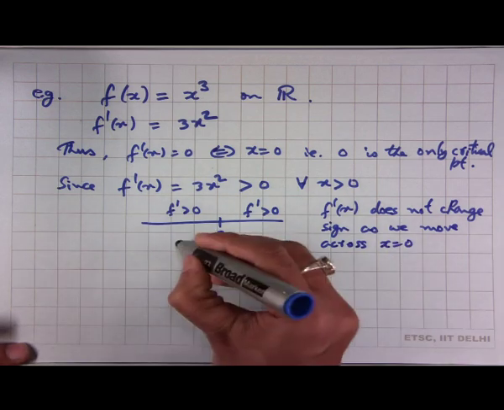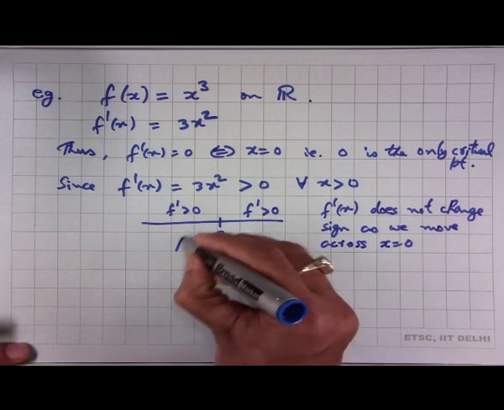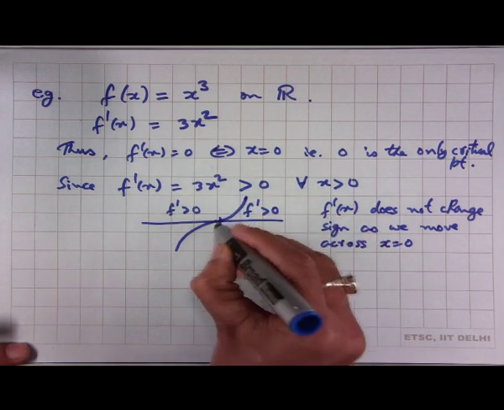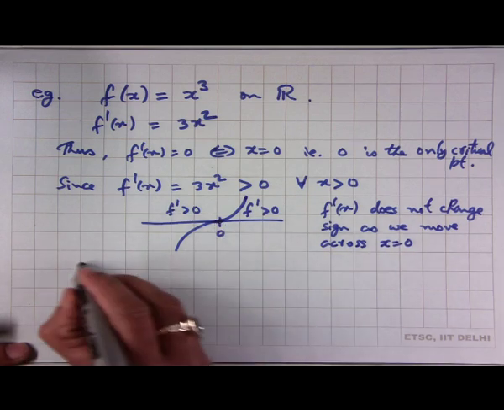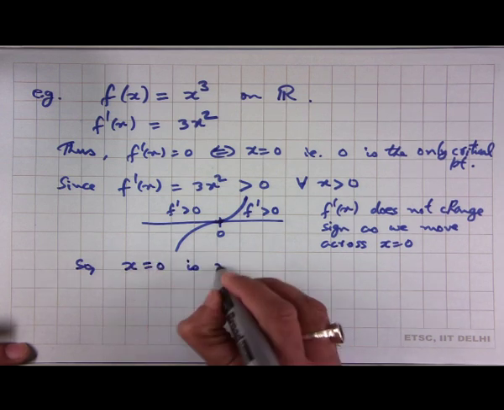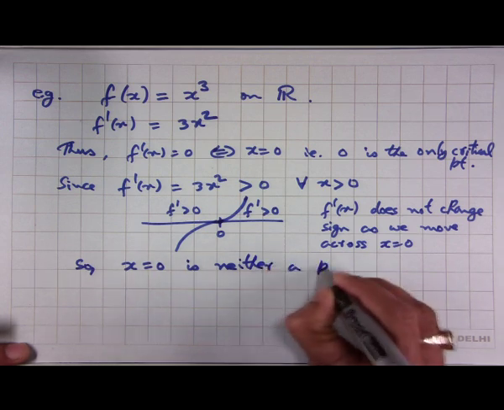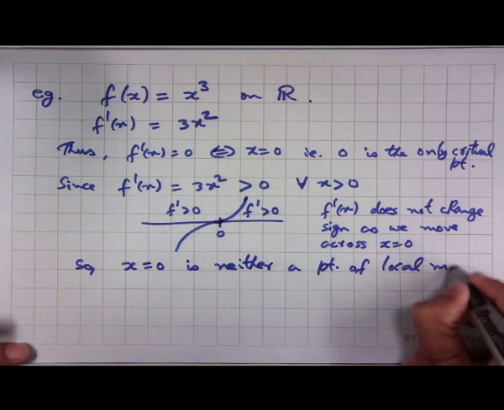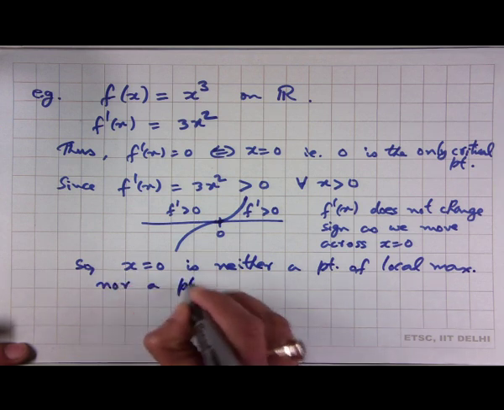This means that the function is increasing here and increasing here also. So, in this case this point x equal to 0 is neither a point of local maxima nor a point of local minima.